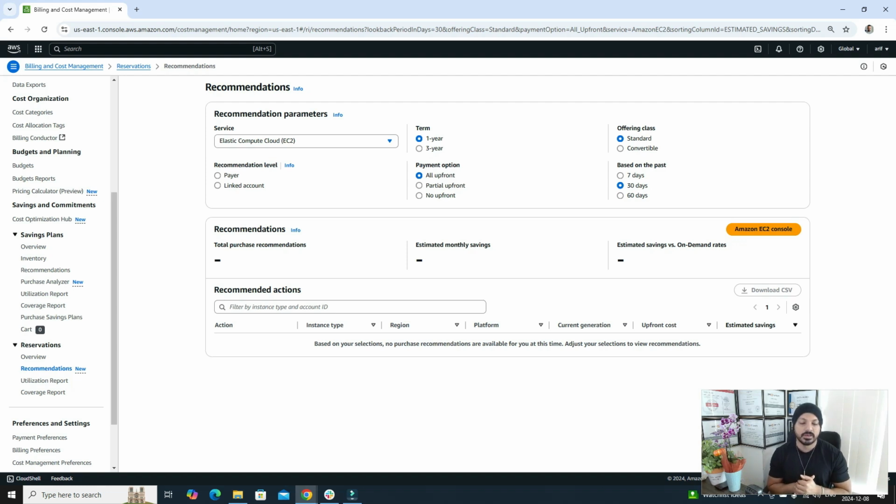And the good part, there's also one benefit of using reservation. Suppose there is a disaster event in the North Virginia region where you have all the resources, right? And you have this reservation going on for your resources.